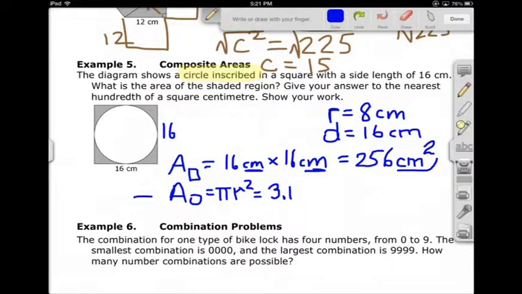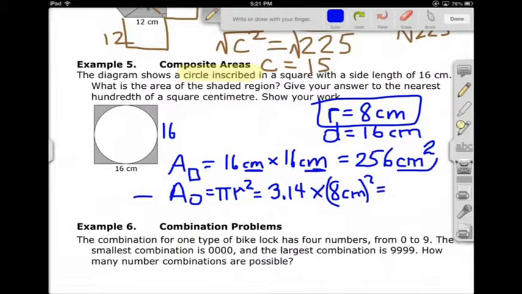Let's say 3.14, and we know that the radius we wrote down. Don't put diameter, because when you're using diameter, you use that for things like circumference. But when area, it always comes down to area. Think of the R in area. It always reminded me. The area is 8 centimeters, and that gets squared.